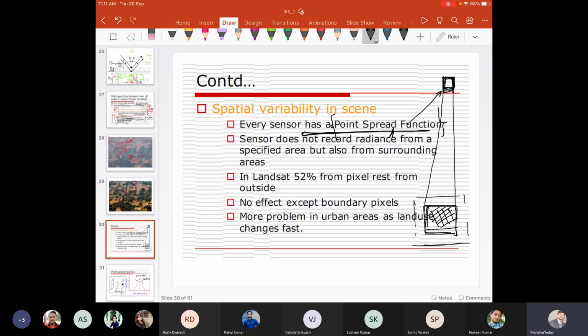Then we can say that the sensor doesn't record radiance only from a specified area, like I'm talking about over here, but it also senses the surrounding areas. In the case of the Landsat satellite program, there is an observation that 52% of the pixel energy is contributed from the rest of the area outside of the ground resolution cell.